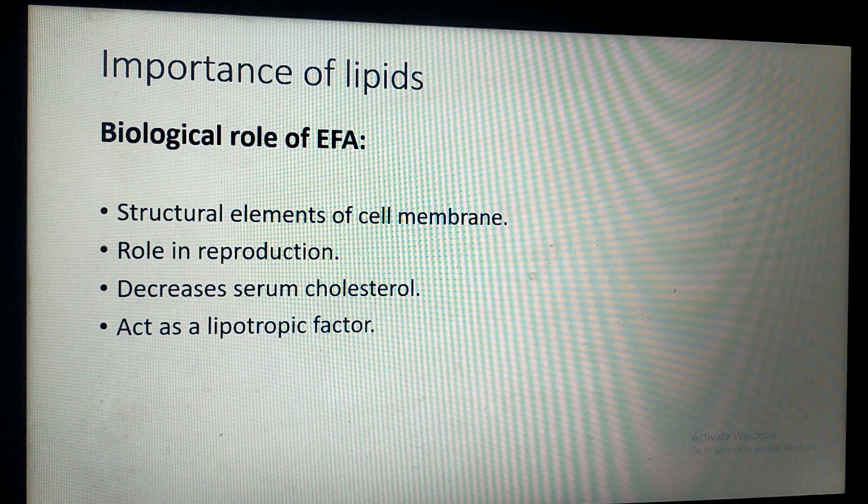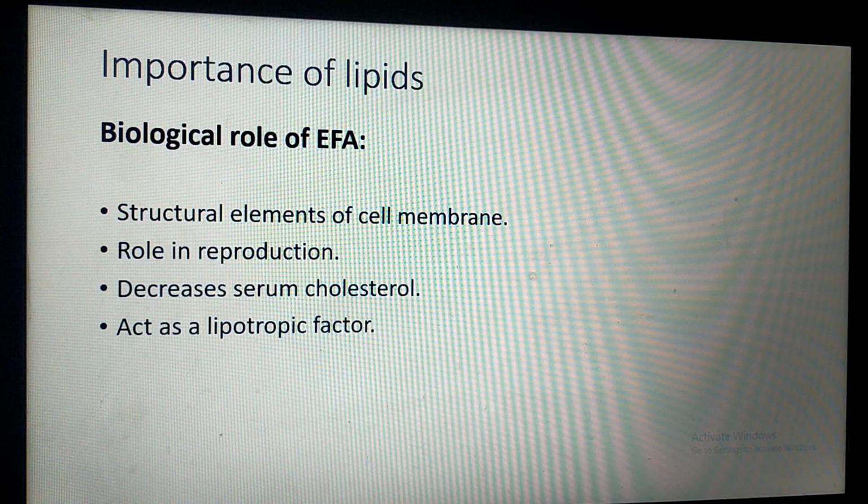Essential fatty acid acts as a lipotropic factor. Lipotropic factors are the compounds which prevent deposition of fat in the liver. If there is excessive deposition of fat in the liver, then it leads to fatty liver. So, lipotropic factor prevents fatty liver.